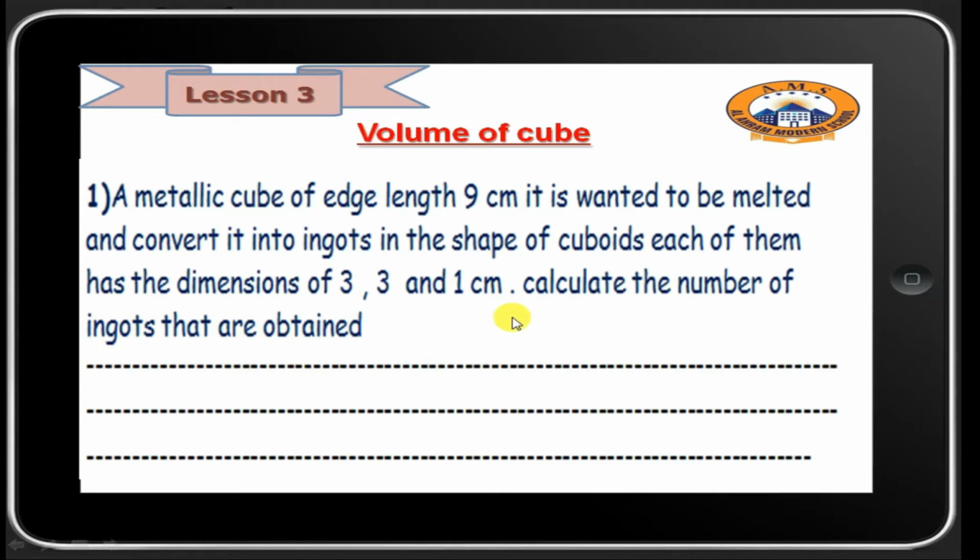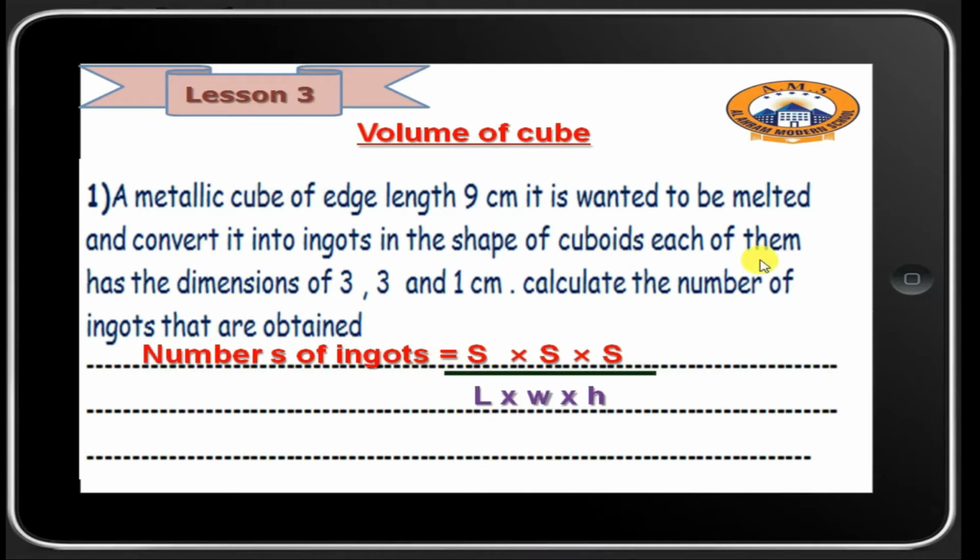So when he asks you to calculate the number, we're going to divide the volume of the bigger solid over the volume of the small solid. Here we have two solids, the first one in the shape of a cube and the second in the shape of a cuboid. So to calculate the number of the ingots, we're going to calculate the volume of the bigger solid, that's the cube that we're going to convert, over the volume of the second shape.